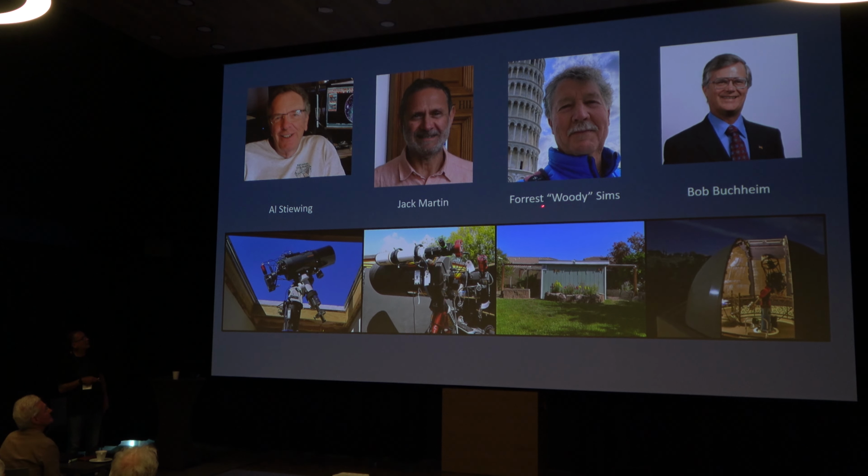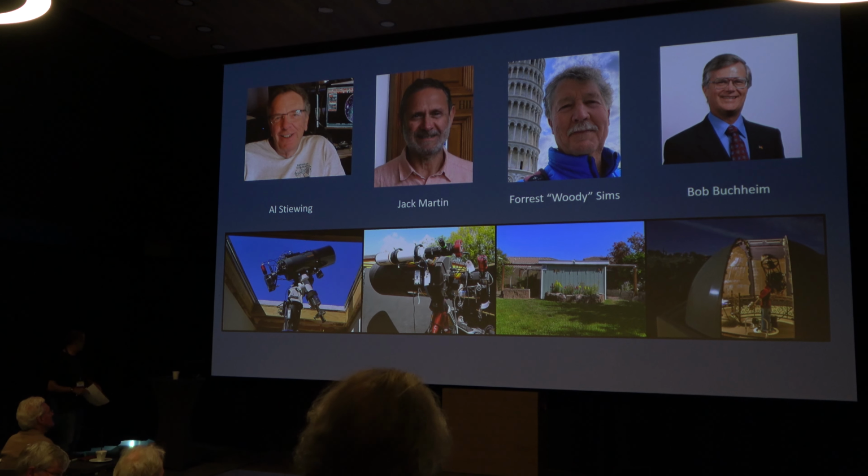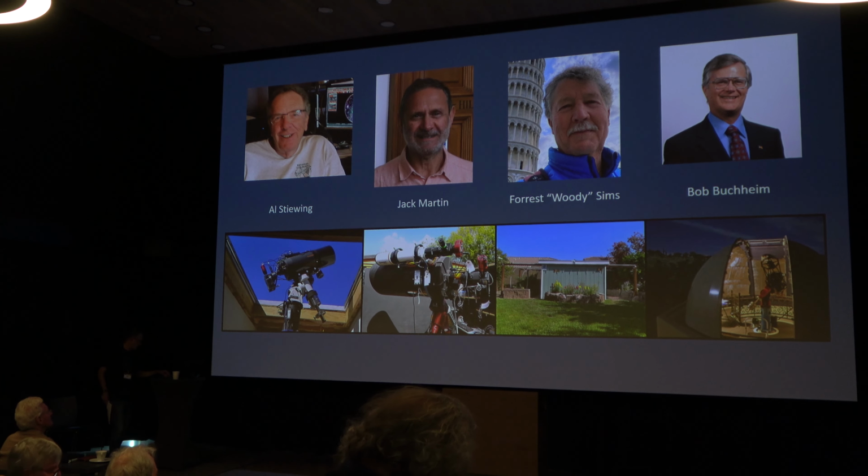This is Forrest Woody Sims setup in Phoenix, Arizona, and here is our brainchild Bob Bookheim in Arizona, and he calls that the Lost Gold Observatory. So you can see that would be a PlaneWave. These are Celestron C14s. So that's 4 out of the 10 of the group people that you can meet.